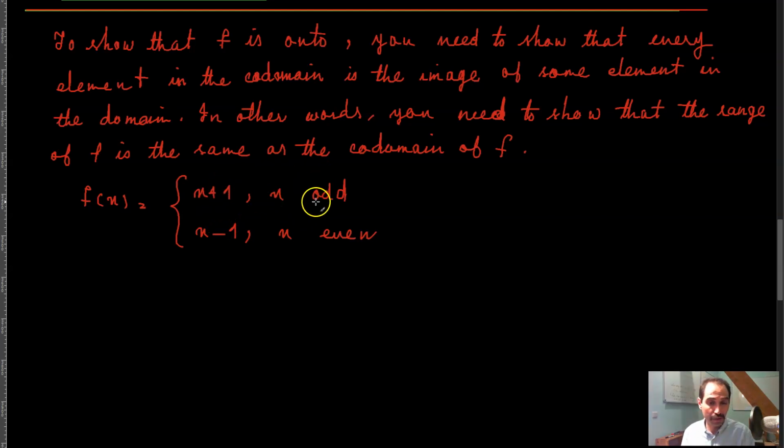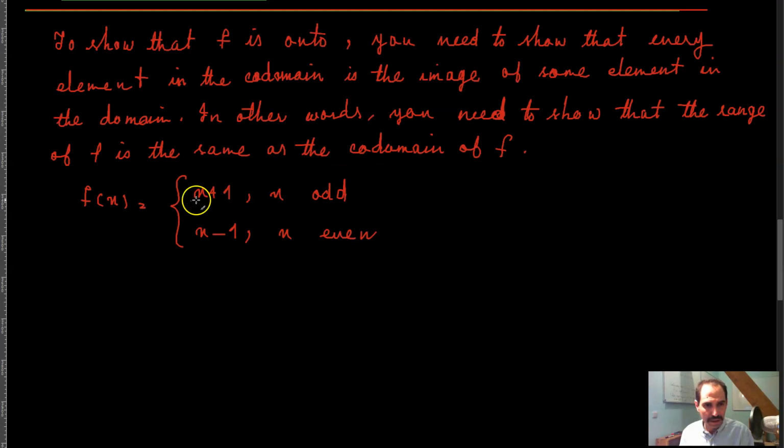So what I need to do is show that every even output has some element in the domain that is mapped to it, and I have to show that also every either even or odd element of the codomain has some element in the domain that is mapped to it, right?